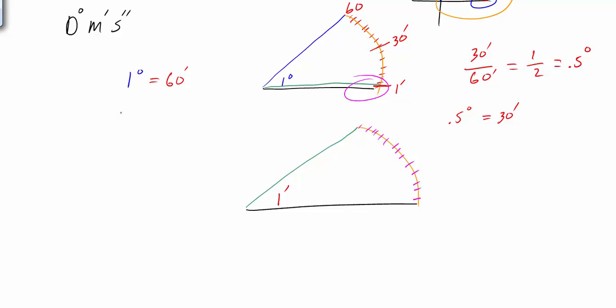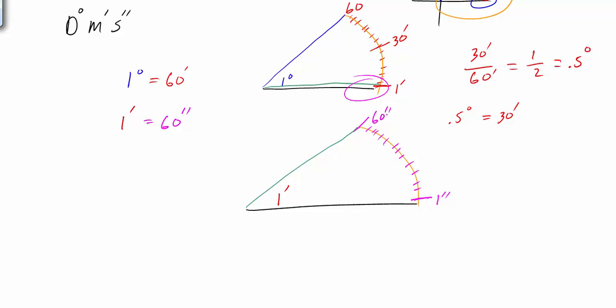So here we say 1 minute is equal to 60 seconds. This first mark would represent 1 second, and we go all the way up to the last one, which would represent 60 seconds.